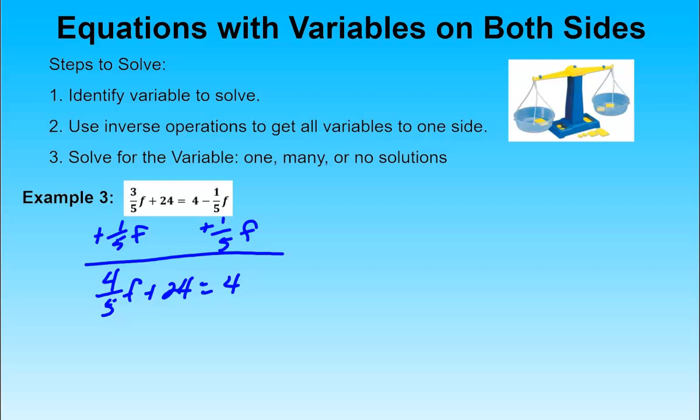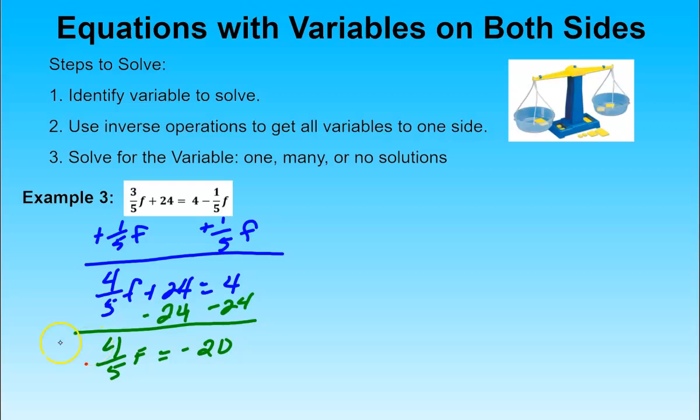Now I need to get the 4/5 f by itself, so the opposite of adding 24 is subtracting 24. And that leaves me with 4/5 f equals a negative 20. And then my final step to get f by itself, since I have a fraction, I'm going to be multiplying by the reciprocal.